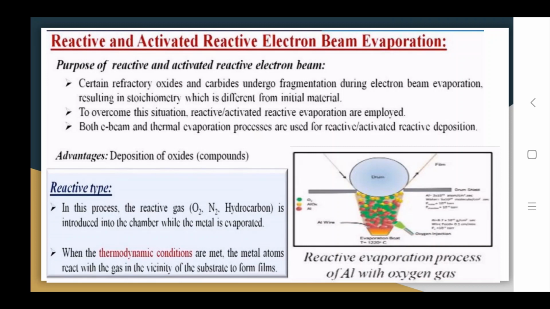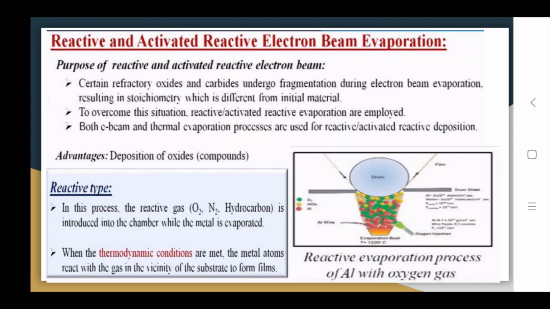So we have discussed firstly thermal evaporation, then the electron beam evaporation. So this technique is the combination of thermal evaporation as well as electron beam evaporation. Okay, so when we give the material a high electron beam, it is giving high energy to that material itself.